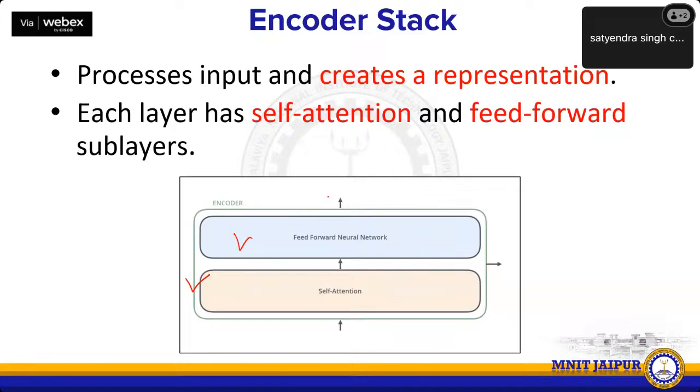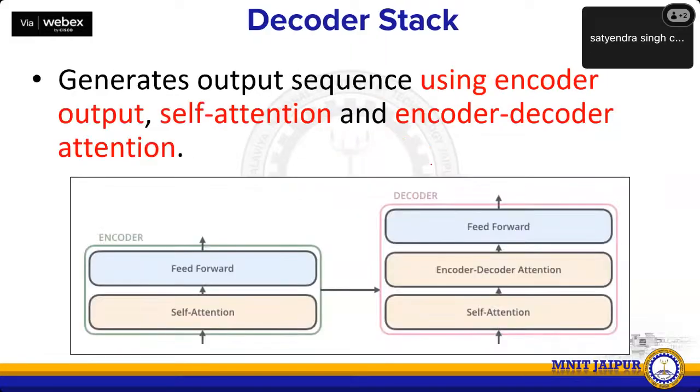The output of one encoder is passed to another encoder layer, which again contains the self-attention and the feed-forward. You repeat it multiple times, and the last representation is then used by the decoder to generate the output sequence, one token at a time.